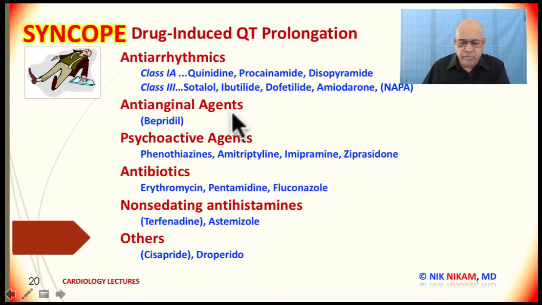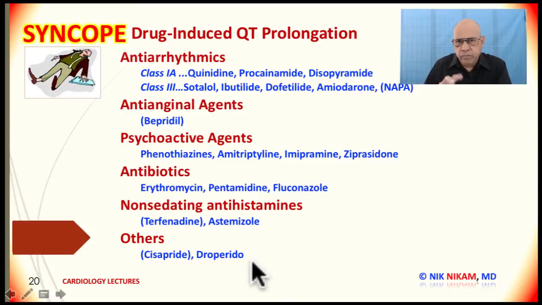Anti-anginal medicines such as bepridil, psychotropic drugs such as amitriptyline and all these other drugs, antibiotics, in fact, erythromycin and fluconazole, and sedatives such as terfenadine and astemizole, and a few others.